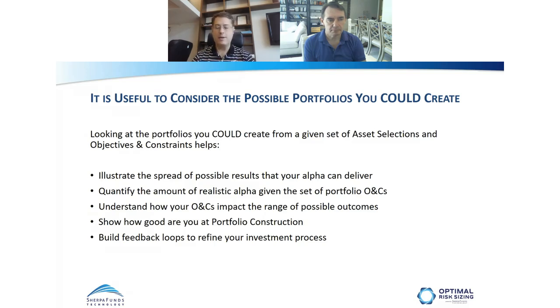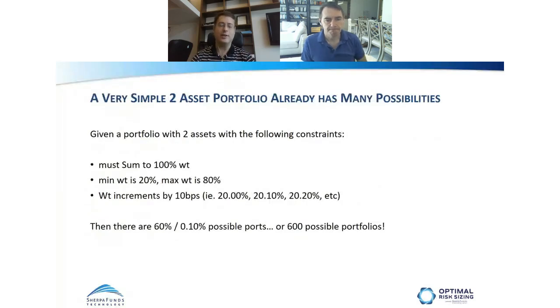And by doing all these things, and this is something we've talked about in detail on our scorecarding and managing the process webinar, this allows you to build feedback loops from that quantified alpha, from that quantified range of possible outcomes, to look at your asset selection and your portfolio construction and determine how good you are. So this is critical to building that process.